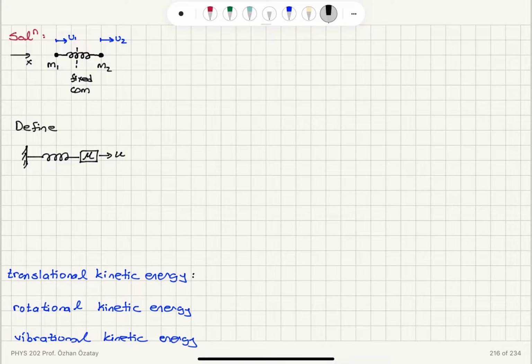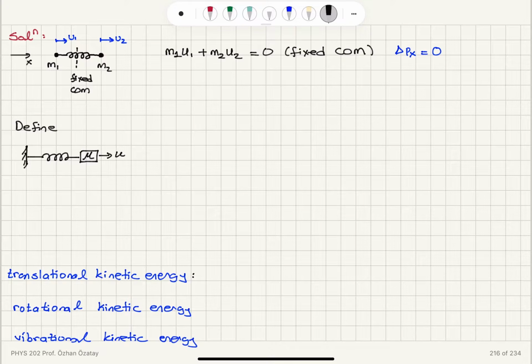And this no external force tells us that the linear momentum is conserved, which is basically saying m1u1 plus m2u2, and I'm considering the motion on the x-axis here, is equal to 0, and we have a fixed center of mass. So this implies that the change in the linear momentum x components should be 0 because we have no external forces.